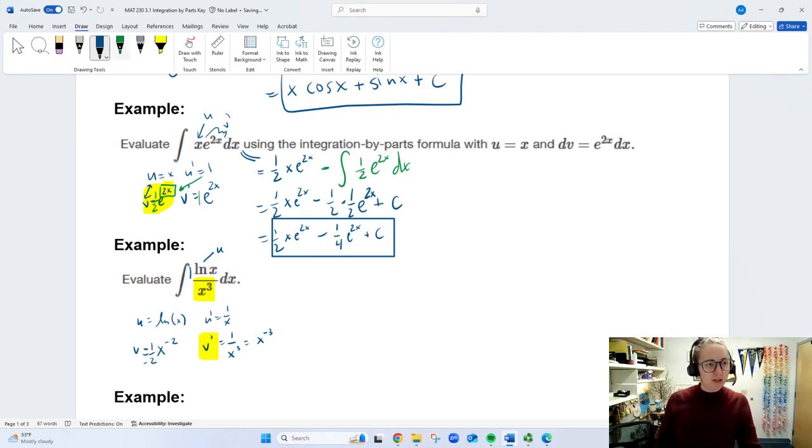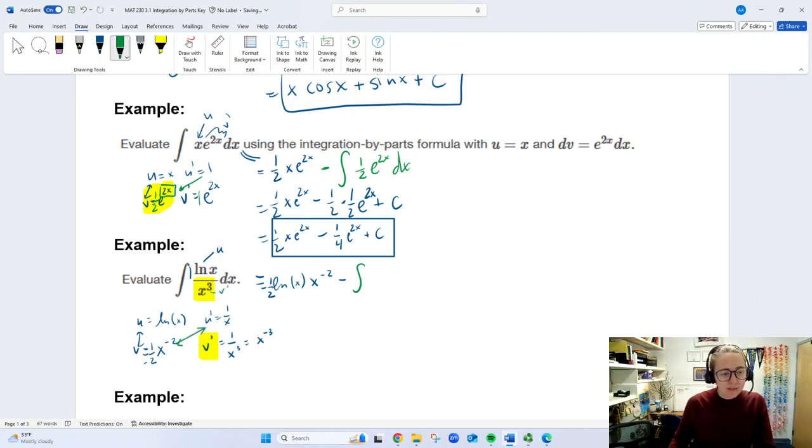Cool. So when I'm finding this integral, I'm going to take my u times my v, which now I'm not going to have an ln inside of my integral. So that's good news. So ln times negative 1/2 x to the negative 2, which I could just write as 1 over x squared, minus, and then here's my integral of, instead of u times v prime, I'm going to do v times u prime.